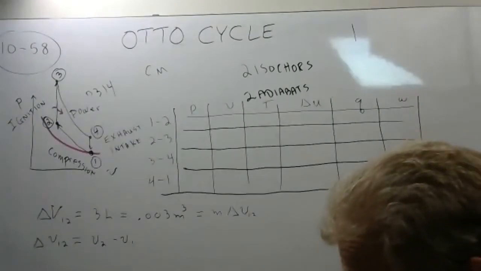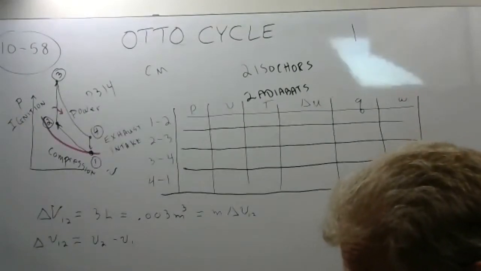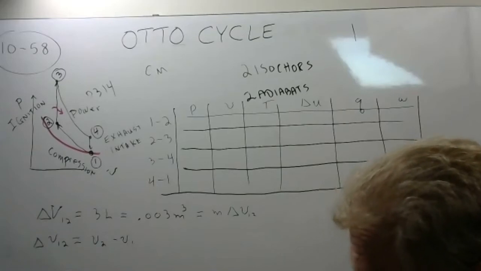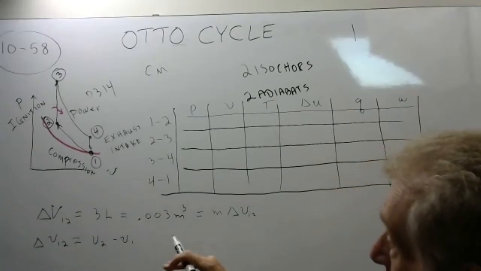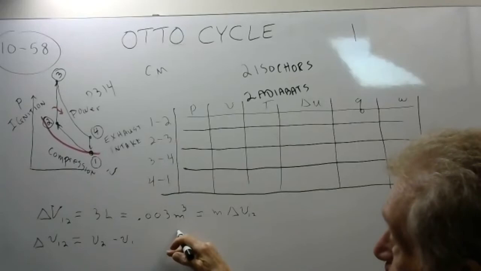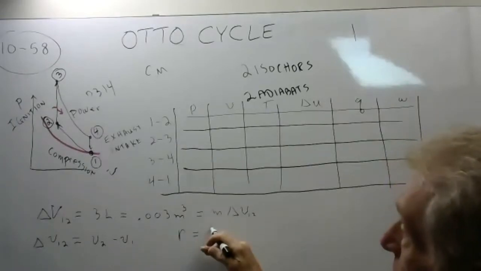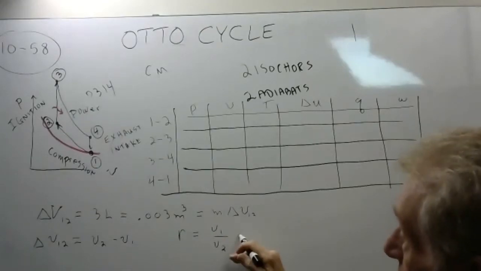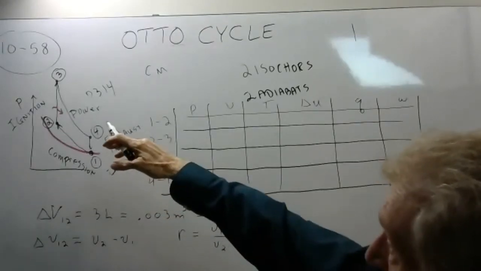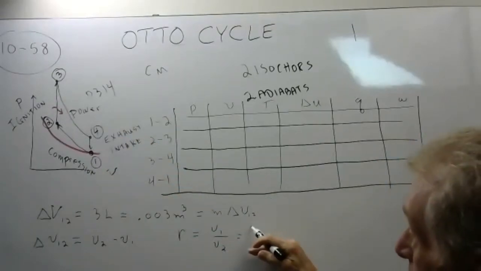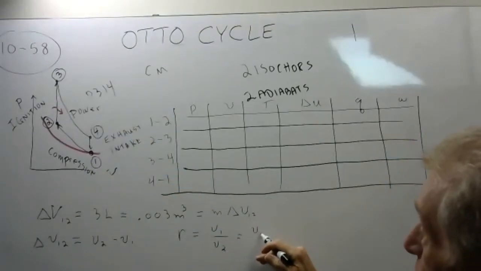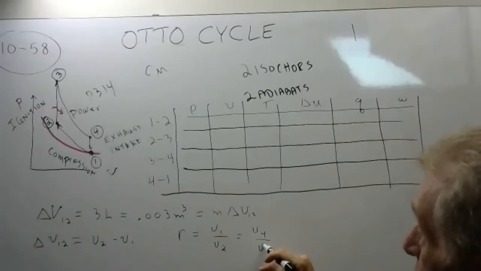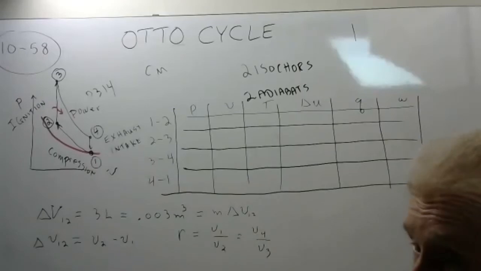That's what they're talking about. Compression ratio of 9. What that is, usually they use a little r, and it would be V1 over V2. Since those are isochores, you could write that as V4 over V3. It's the same thing.